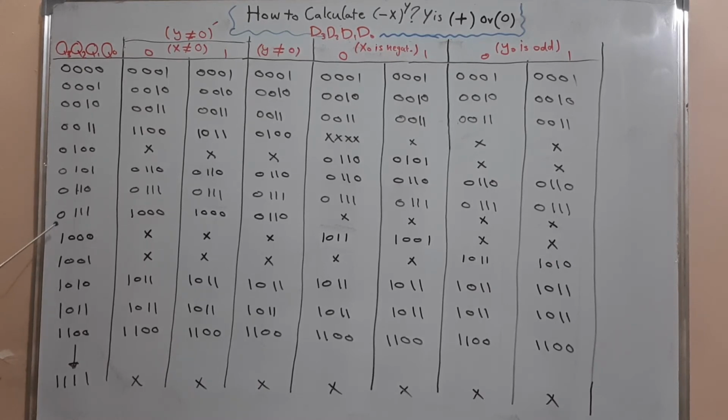In the 8th state, the computer system will test again whether y is not equal to 0 or not. If y is not equal to 0, then it will return back to the 7th one. If it's equal, it will go to the 9th one without testing whether x is not equal to 0 or not.